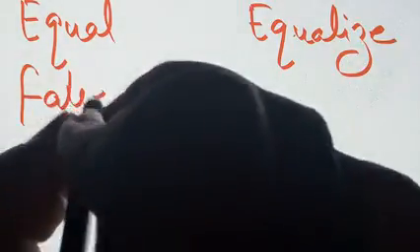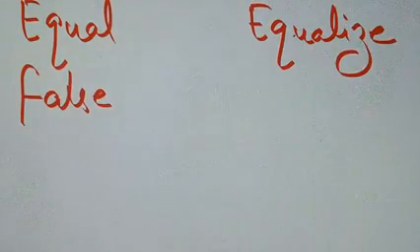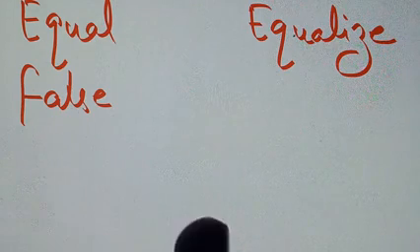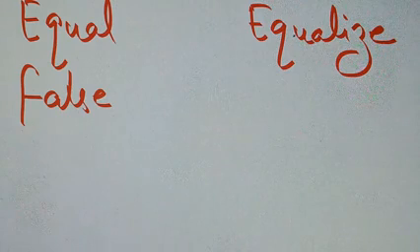Likewise, false is the word. I don't like false promises. Why is it an adjective? Because this word is describing the promises in this sentence, which kind of promises I don't like.